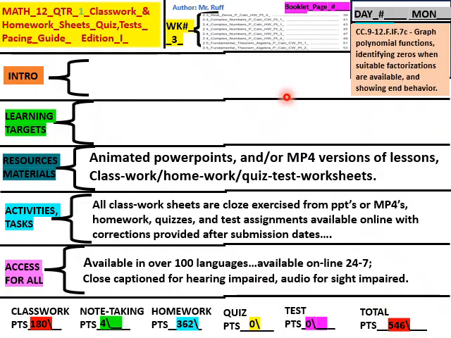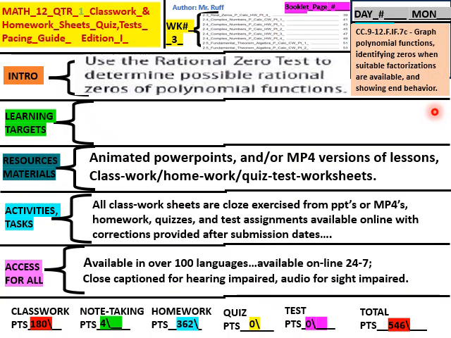And then one of our major Common Core standards is FIF.7c, graph polynomial functions, identifying zeros when suitable factorizations are available, and showing end behavior again.